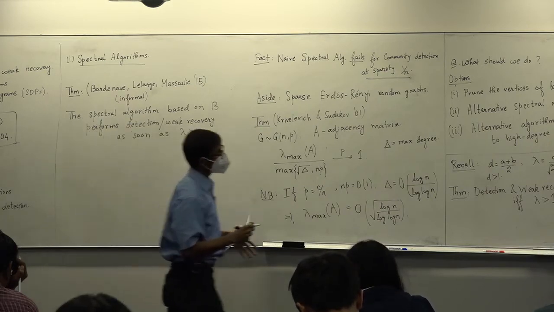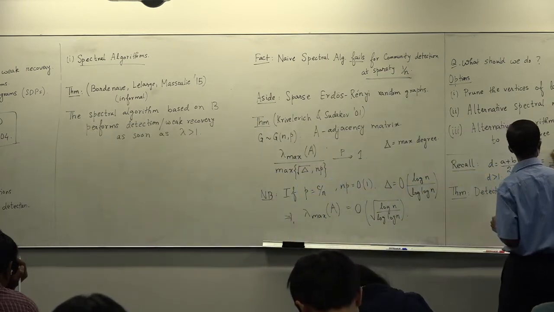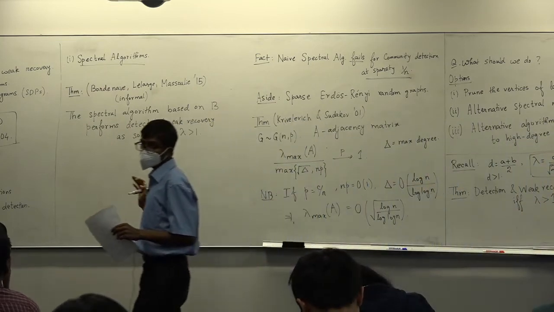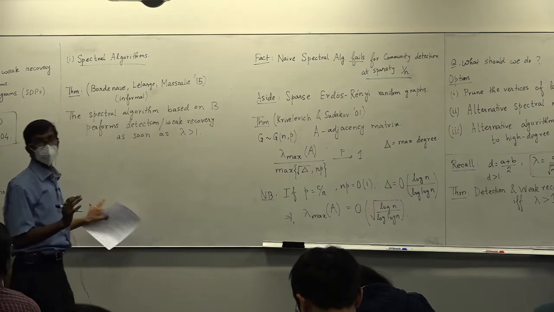So lambda, recall, is this parameter. Okay. So this is one algorithm that achieves the information theoretic threshold for detection and recovery, right?